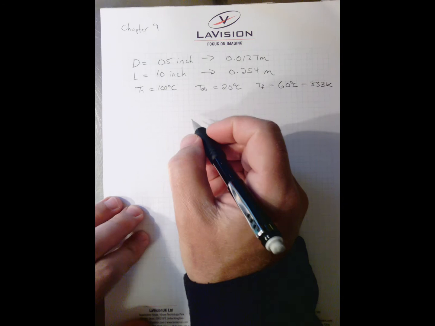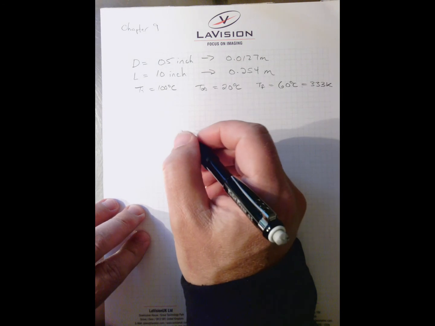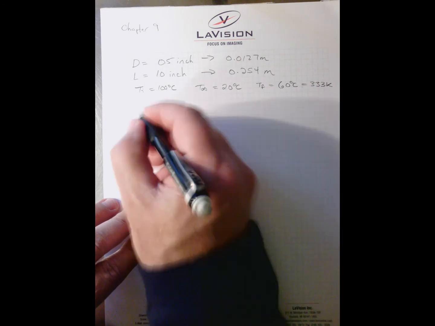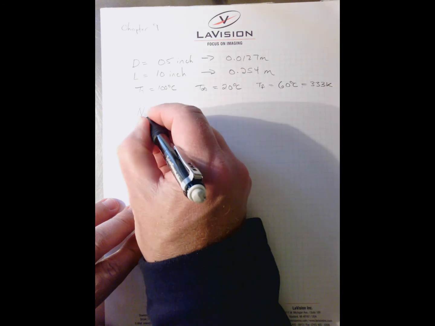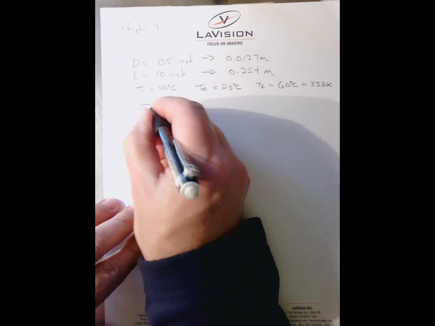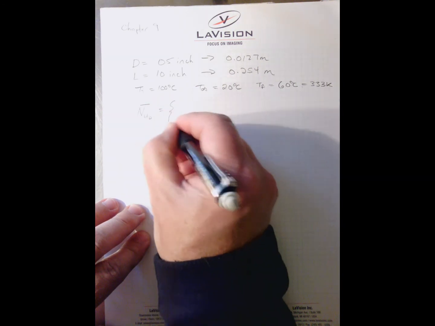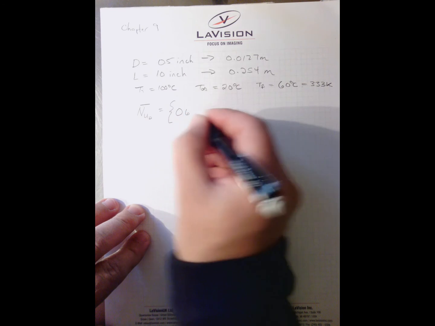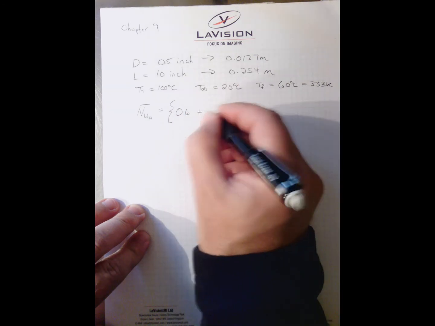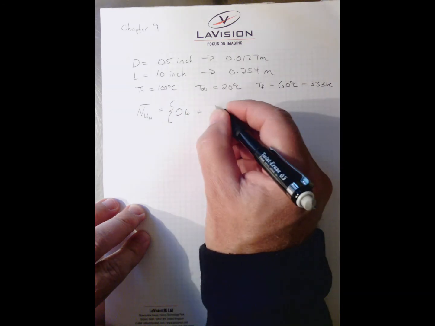So the Nusselt number correlation for a horizontal cylinder from your text is this. I'm not going to quote an equation number because it might be different in the different versions of the text, and you can look it up.